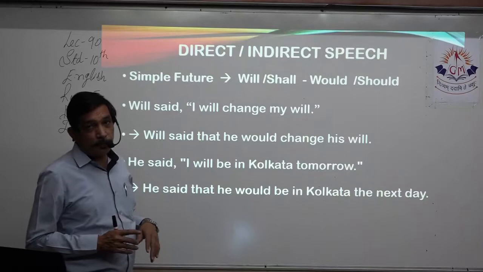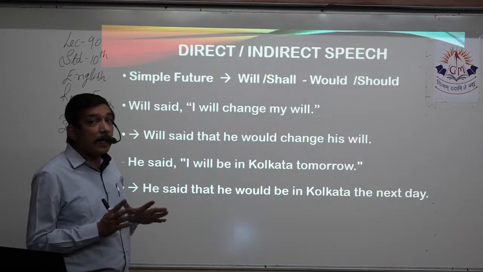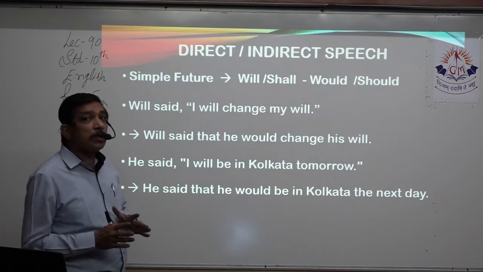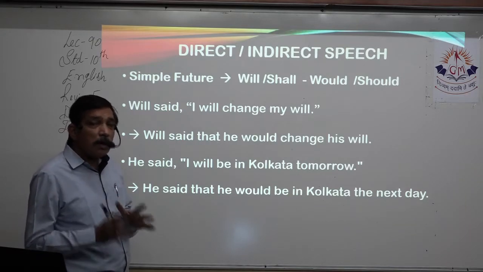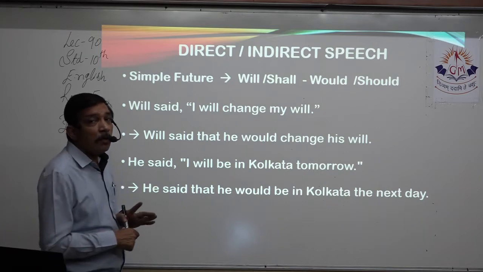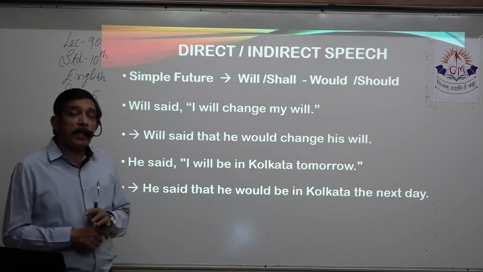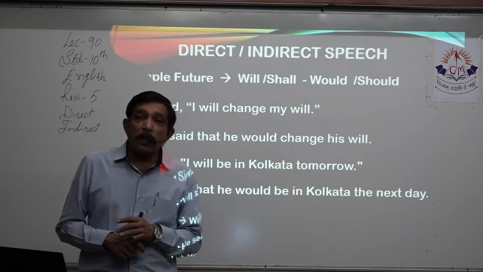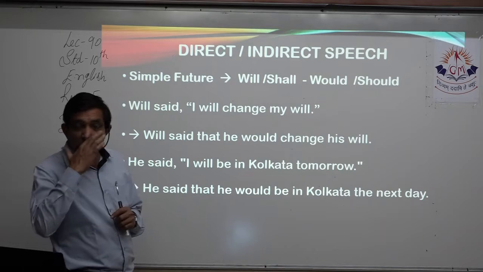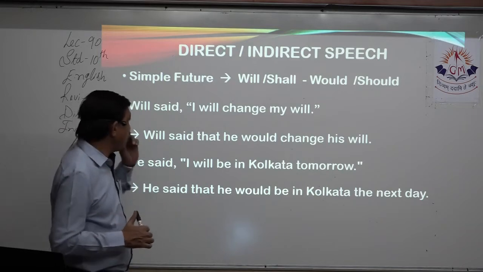So will and shall express mood. Would and should are usually not considered the past tense of will and shall, but here, for the purpose of making indirect speech clearer according to the tense, we consider would and should as the past tense of will and shall.